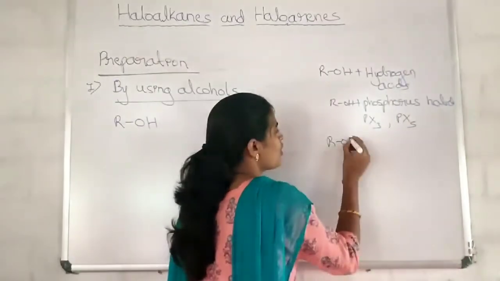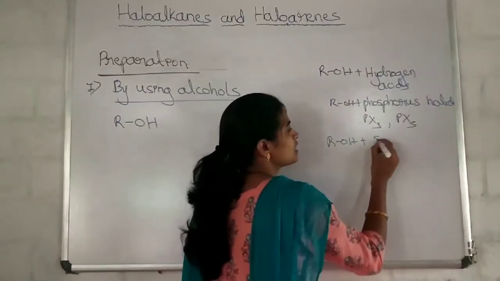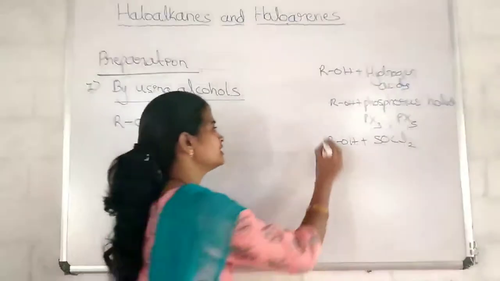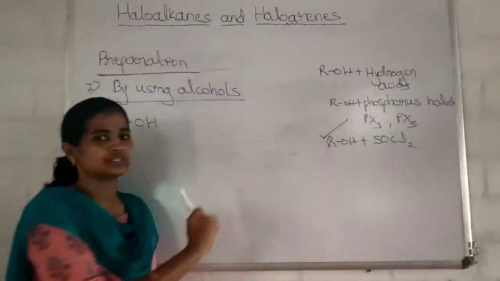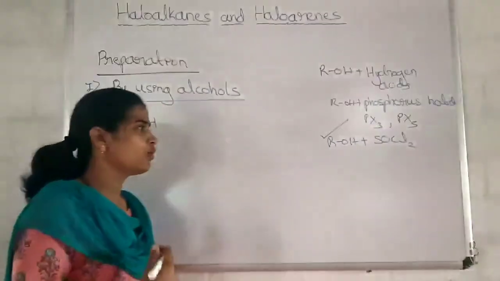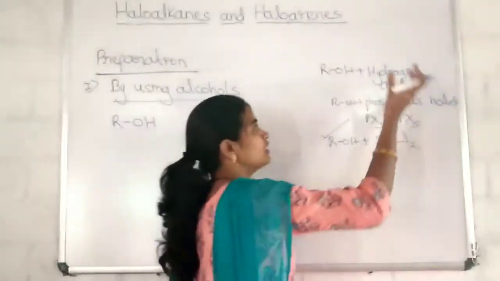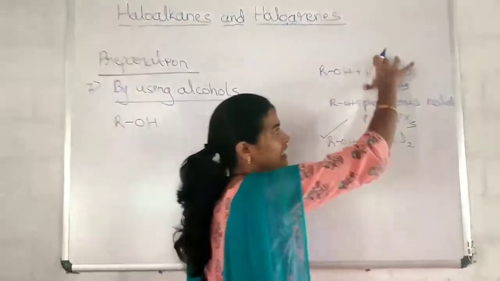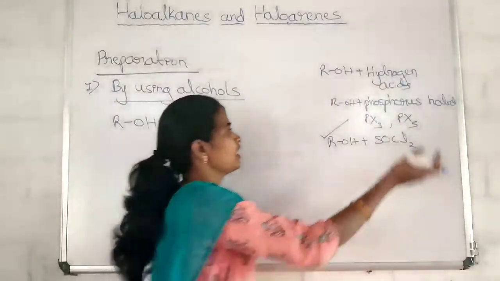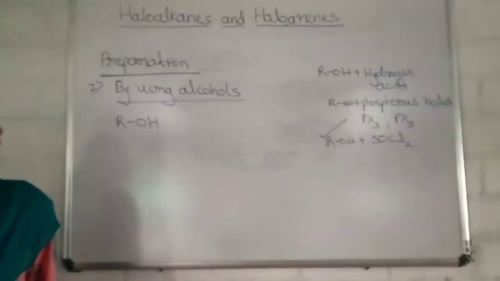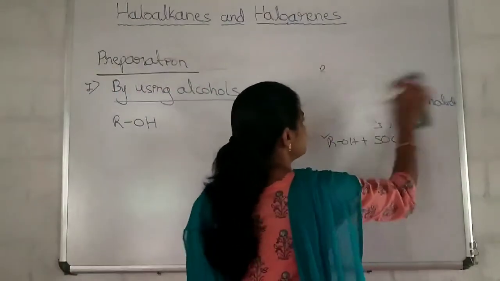Or with the alcohol, we can also use thionyl chloride. This is the best method out of these three. Why it is the best method, we'll see later. Got it? Remember.